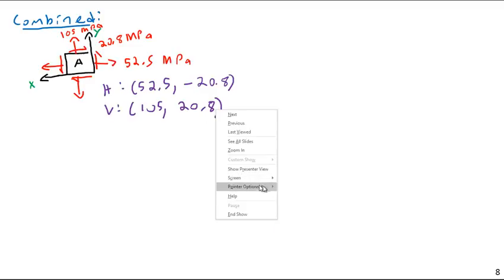Helps if I reference that correctly. We're just using the two normal stresses along the positive X and Y axes.